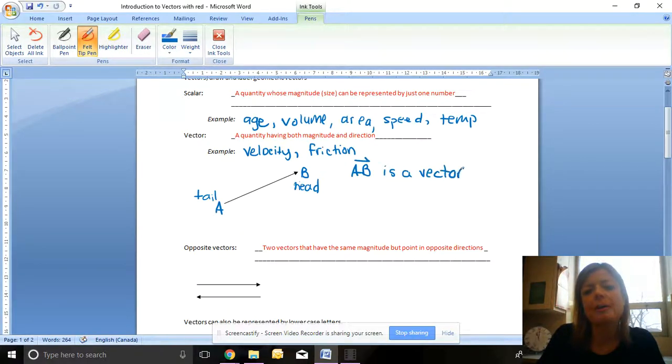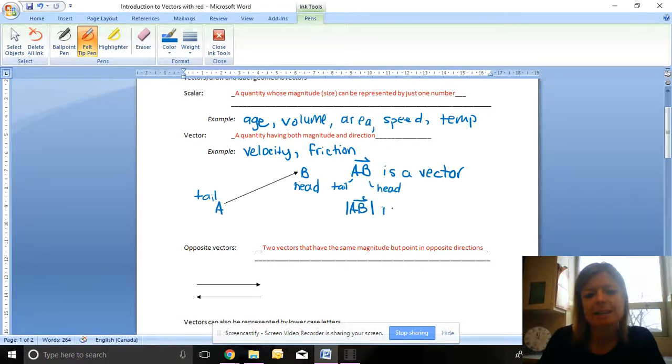Now, we always label vectors with the tail letter first and the head letter second. So this means from A to B is the direction that it's going. If we talk about its magnitude, we would put absolute value signs around the vector.